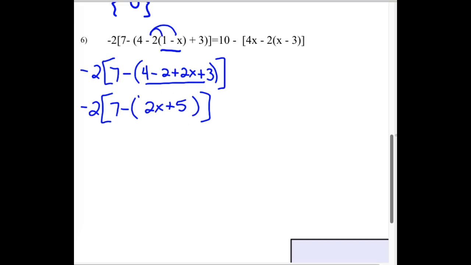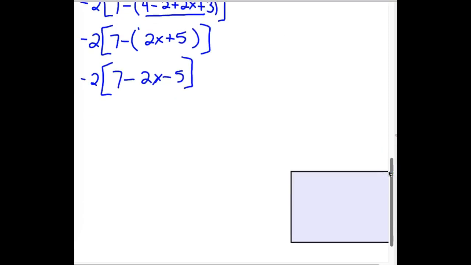Okay. Now why are the parentheses there? I've combined the stuff inside. What is it telling me to do? Distribute a negative. All right. So I'm going to have 7 minus 2x minus 5. Now, inside the brackets, combining like terms gets me 2 minus 2x.